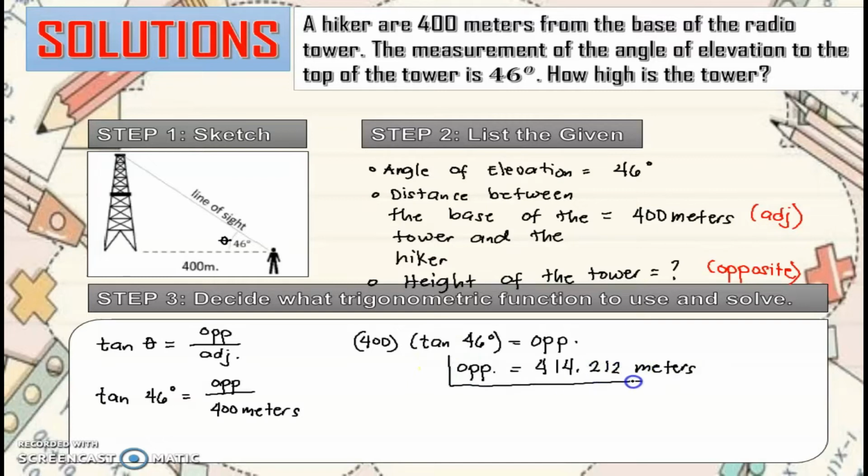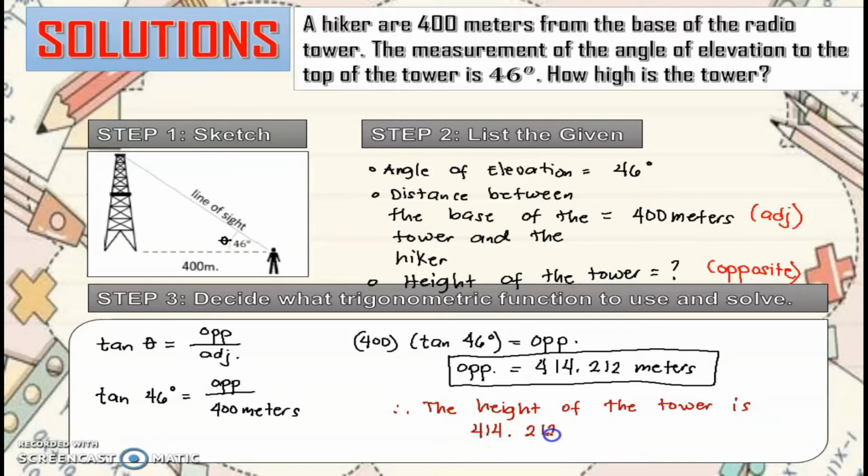That would be the measure of the height of the tower. So now I want you to answer the question. Therefore, the height of the tower is 414.212 meters. Now let's have the next example.